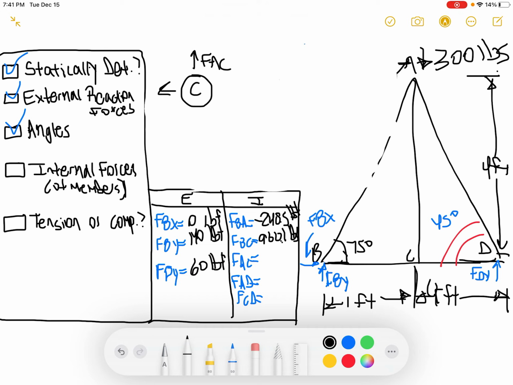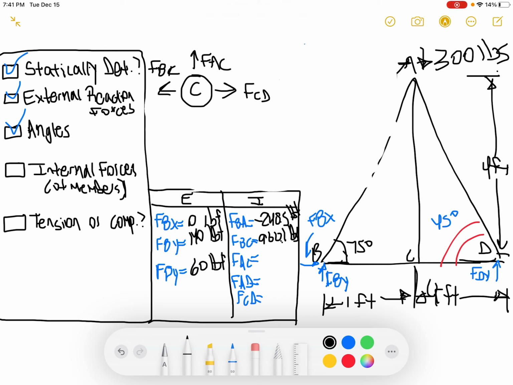That is FBC and that is FCD. I got confused for a second. And remember, we are going to find the ones that we don't know.